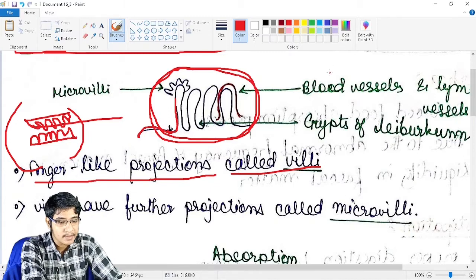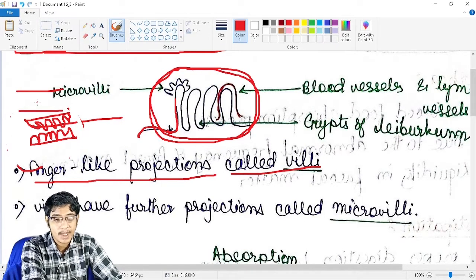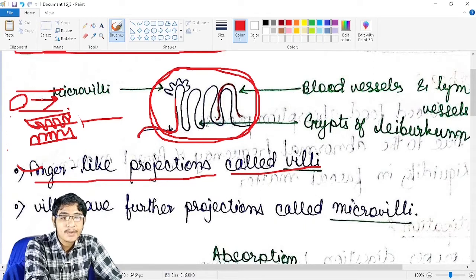So you can see, if it was plain like this, sorry, let me draw the diagram here so that you can understand it easily. If it was super plain, the bolus would go smoothly from here and no absorption would take place.